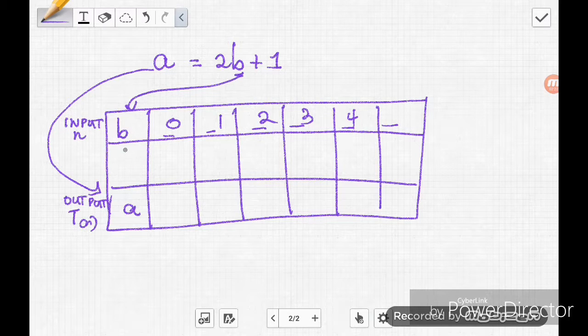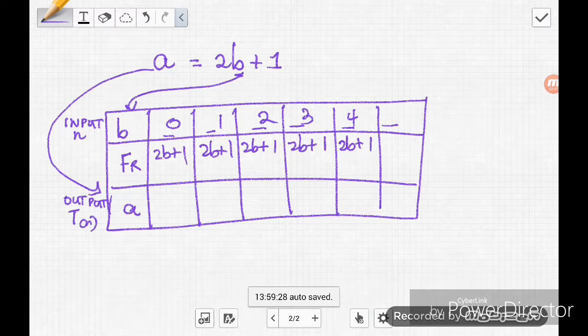So what goes into this box? Your function rule, which is 2b plus 1. So as I'm telling you with math, you just have to do things, following the rules, following the pattern, and you will not go wrong. And you also need to be very aware of positive and negative numbers, okay? So with this one, you can replace b with 0 for this column.